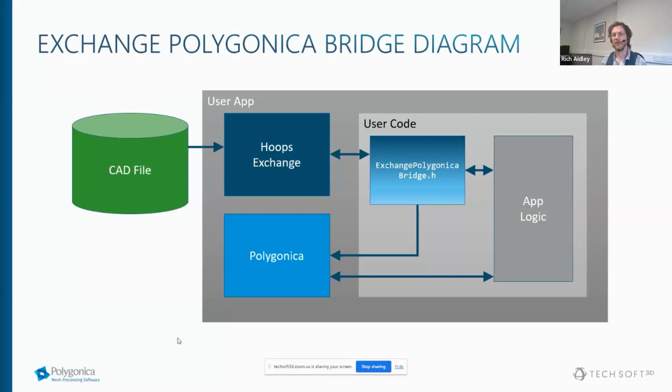You would include Polygonica as a library within your application, and the Exchange Bridge will communicate with that, and obviously your own app data will communicate with it. And then HOOPS Exchange will load itself as a library from the header. HOOPS Exchange brings the data in from the CAD file, and then via the bridge, it ends up in Polygonica, where you can make use of it from your application.